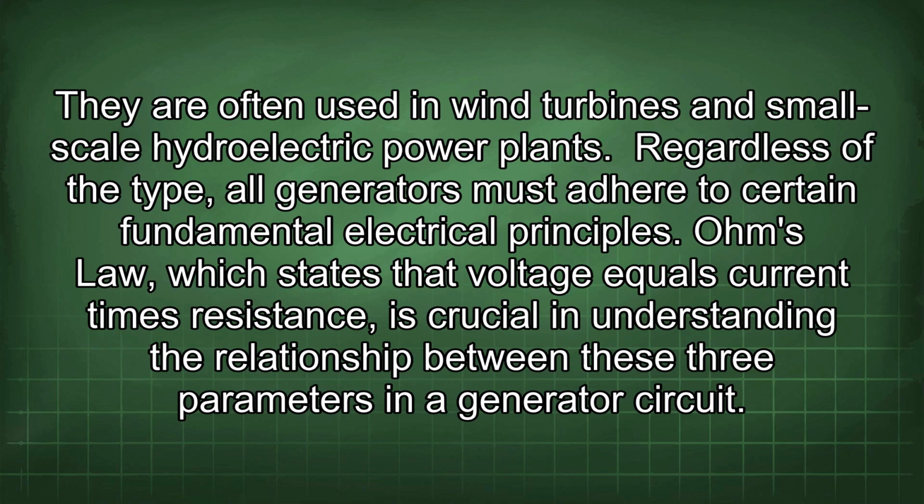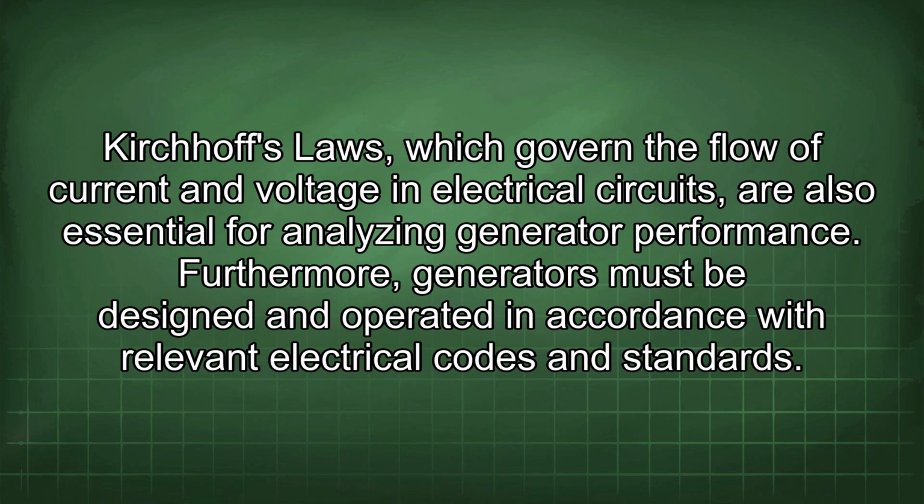Regardless of the type, all generators must adhere to certain fundamental electrical principles. Ohm's law, which states that voltage equals current times resistance, is crucial in understanding the relationship between these three parameters in a generator circuit. Kirchhoff's laws, which govern the flow of current and voltage in electrical circuits, are also essential for analyzing generator performance. Furthermore, generators must be designed and operated in accordance with relevant electrical codes and standards.